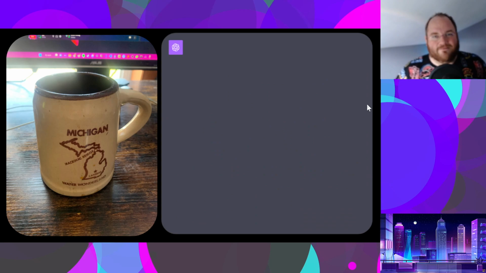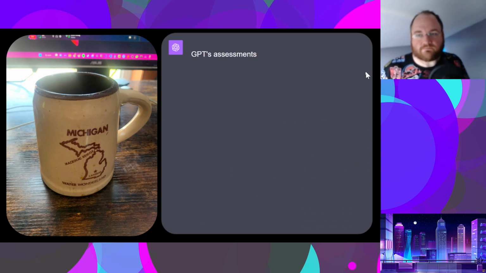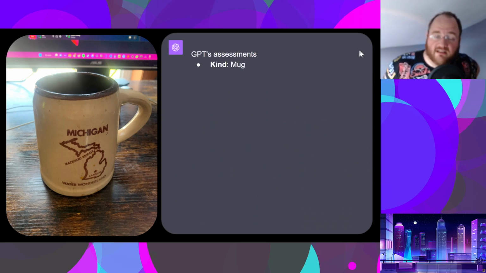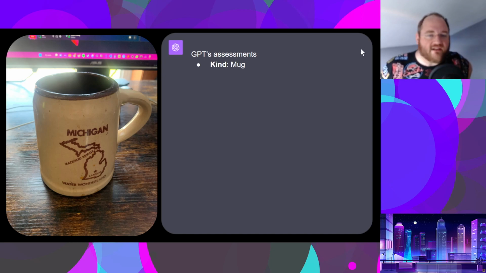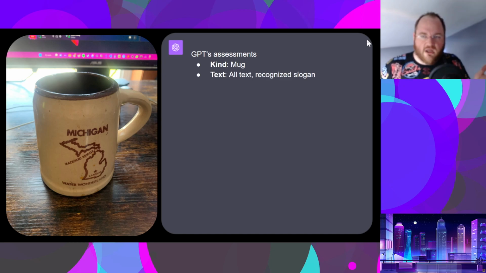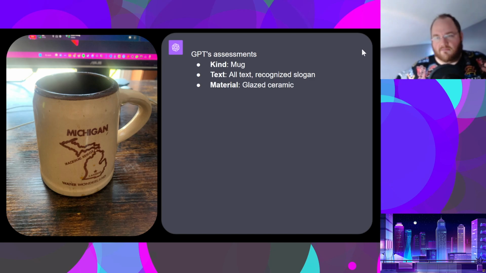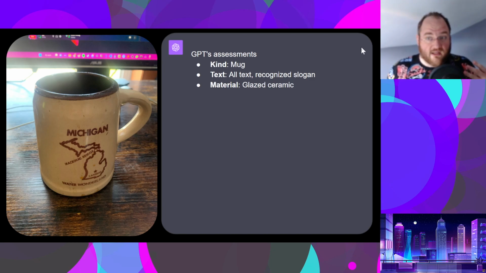So let's recap. What has it said? It identifies it as a mug, just from a single image. It recognized all the text and the fact that there was a slogan there, a relevant slogan. It knows that it's glazed ceramic in material.